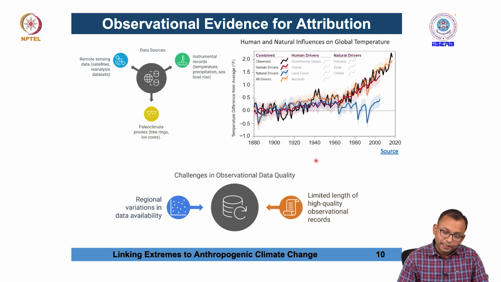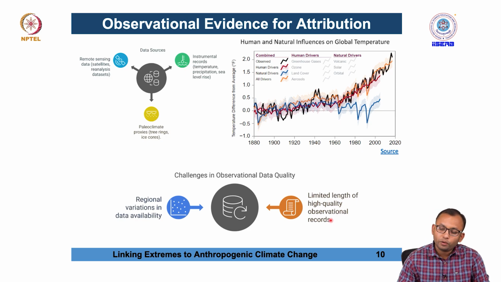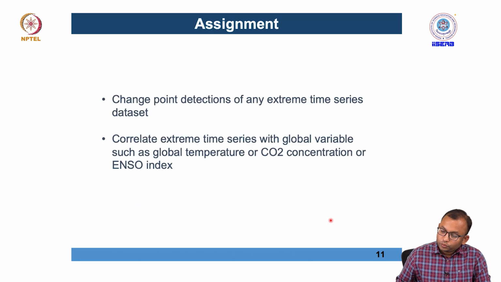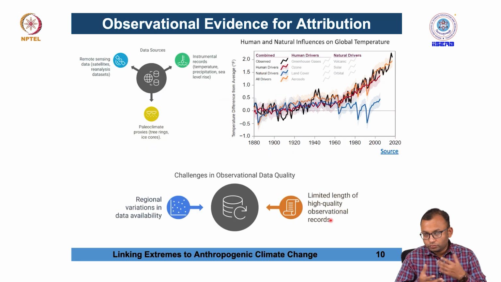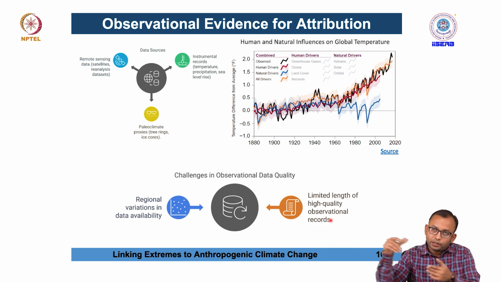Of course, data availability and regional variations might play a major role. We have to take care of these things, and the limited length of the high quality observational record might also play a very significant role. So, to solve these issues, we have to fit the model, do model calibration and validation analysis, and then look at how we fill the gaps in the data set, or extend the data set over a certain time period.